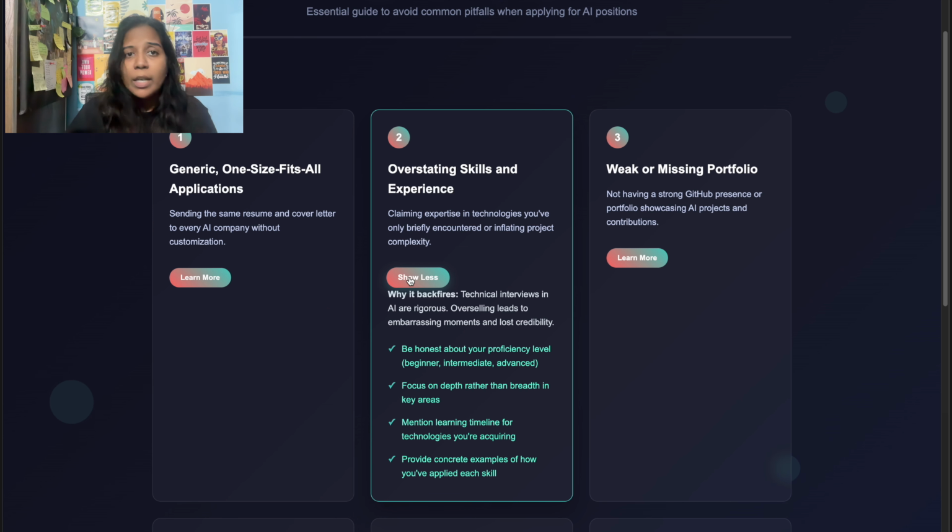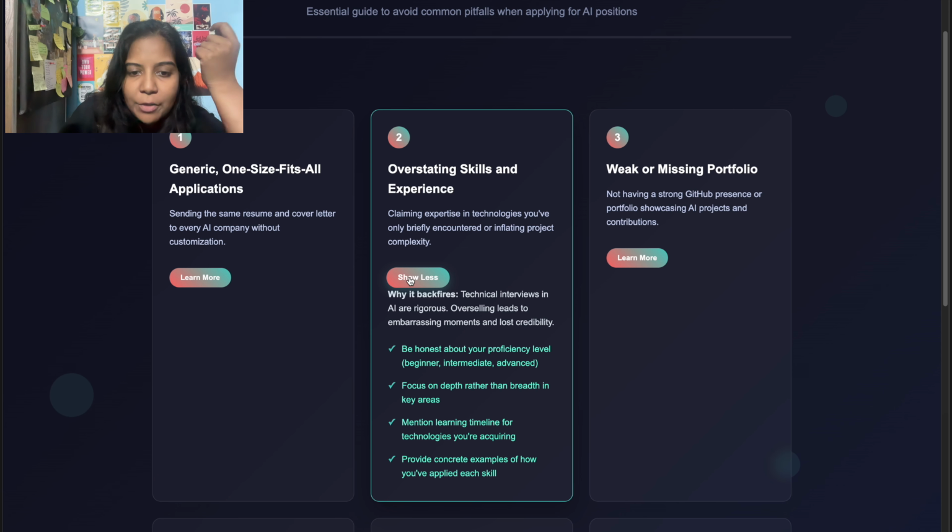So I'm very good in basics. You can project yourself. Within 4 questions, they can find out whether you're good in basics or not. So you don't have to act like you know things, because the interviewer can easily find it out. So yeah, be honest. Focus on depth rather than breadth in key areas.